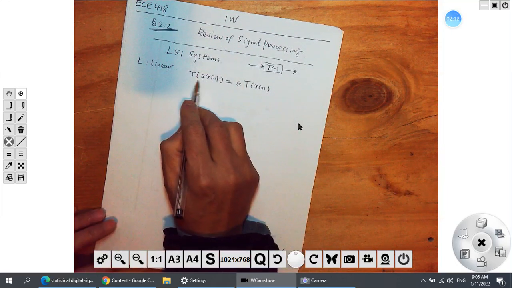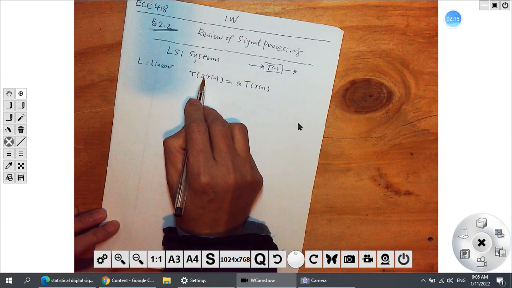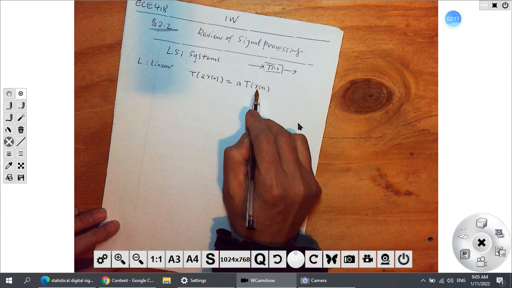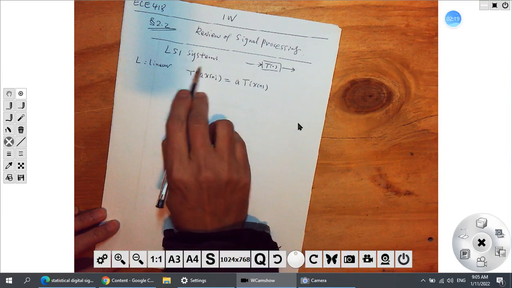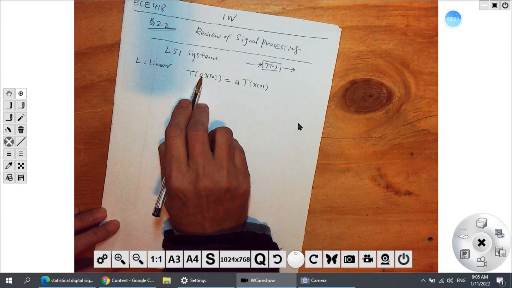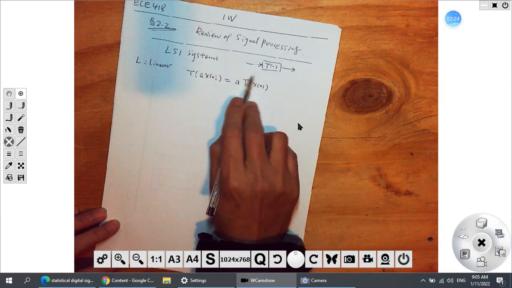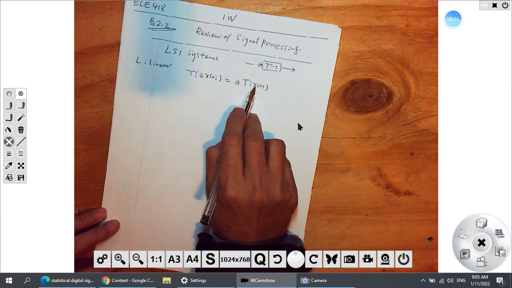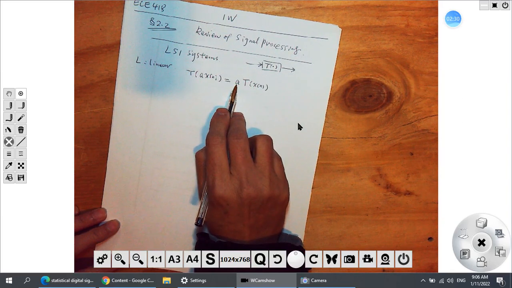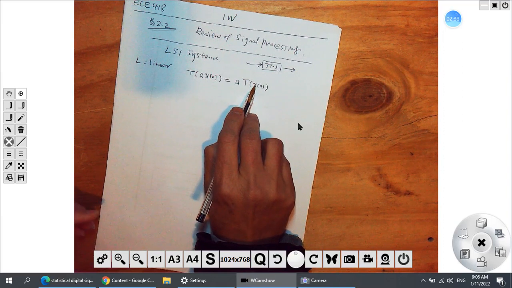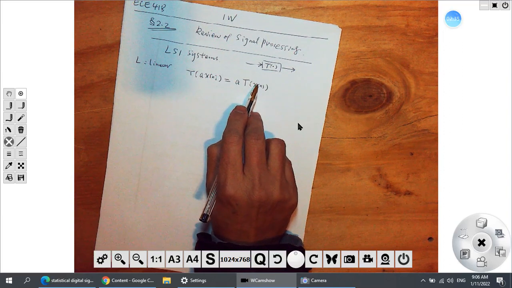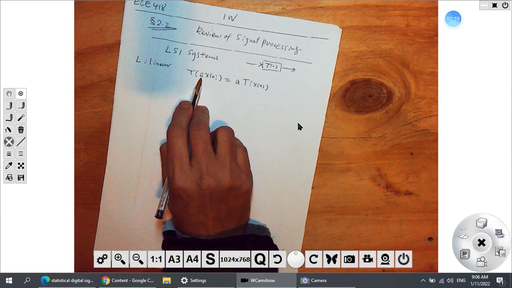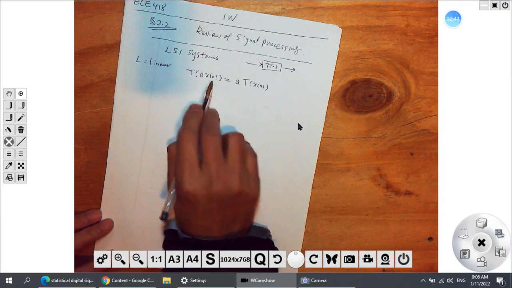Here you use a times x as the input; this side uses x as input. The output of the system with input x is then multiplied by a. On one side you multiply the output by a; on the other you get the output directly with input a times x. These two results are the same.